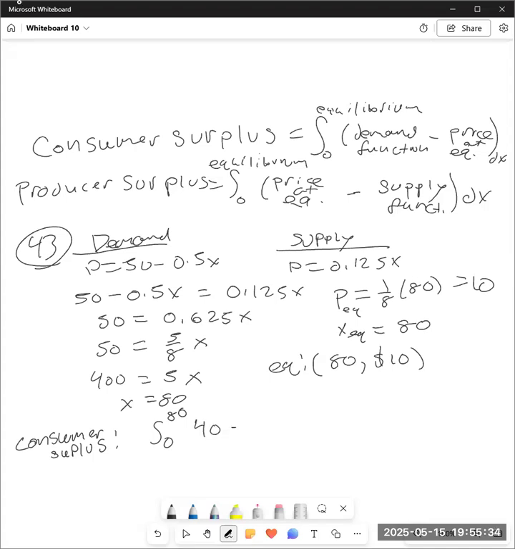That's going to be 40 minus 1/2 x, dx, which is 40x minus 1/4 x squared from 0 to 80. 80 times 40 is 3,200, minus 1/4 of 80, which is 20, times 80, 1,600. So that's 1,600.